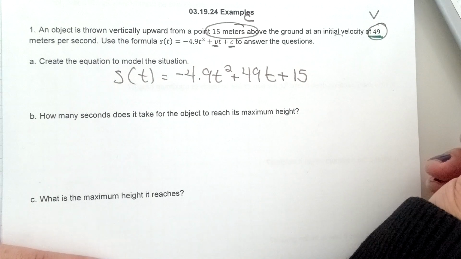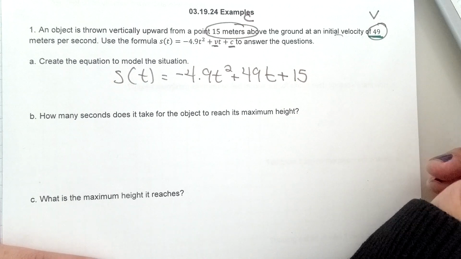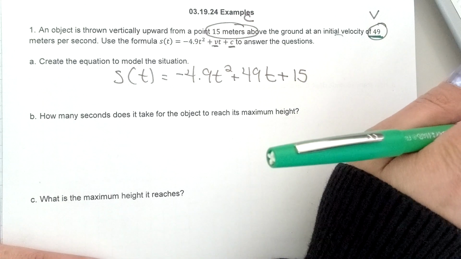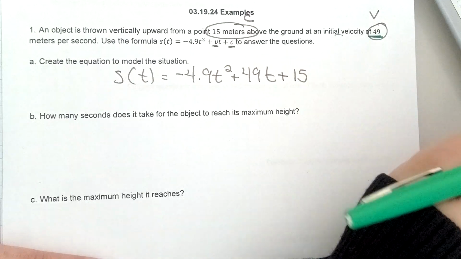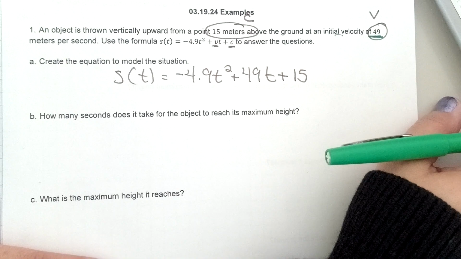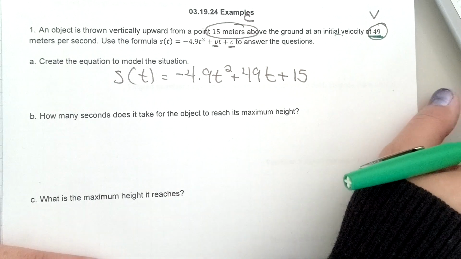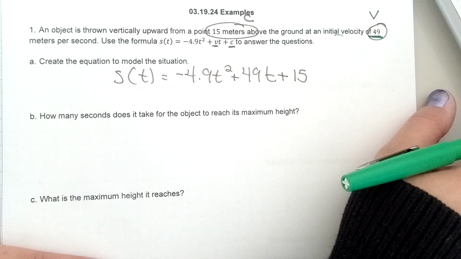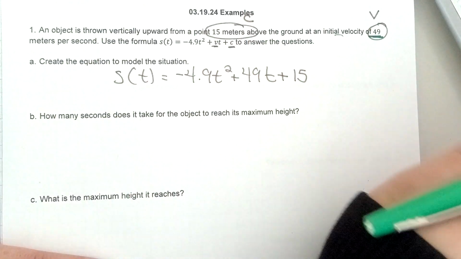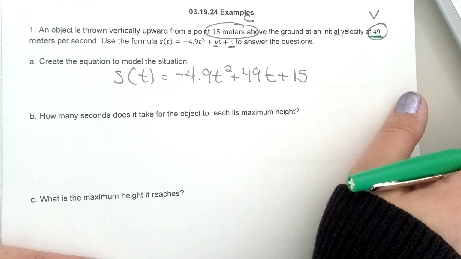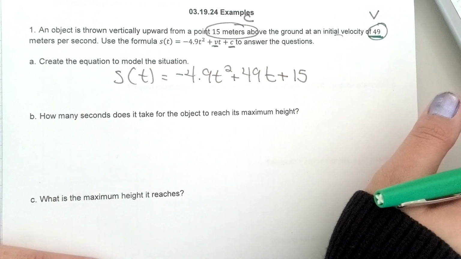Question, aren't you supposed to put the 16 every time? No, remember I said there are two formulas. So this one is telling you specifically, you use that formula. And what does C stand for? C stands for the initial height, the starting height. So the starting height was 15 meters. Oh, okay, I got it. No more questions. Okay? All right.